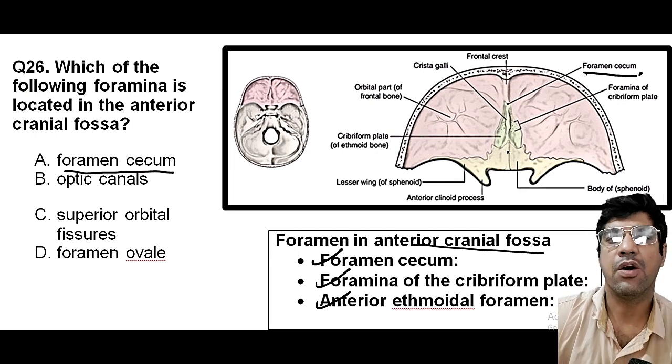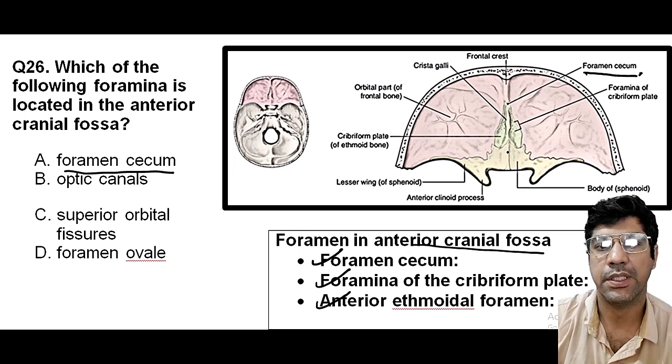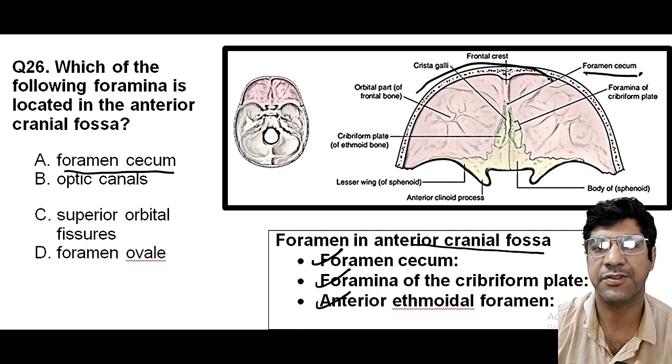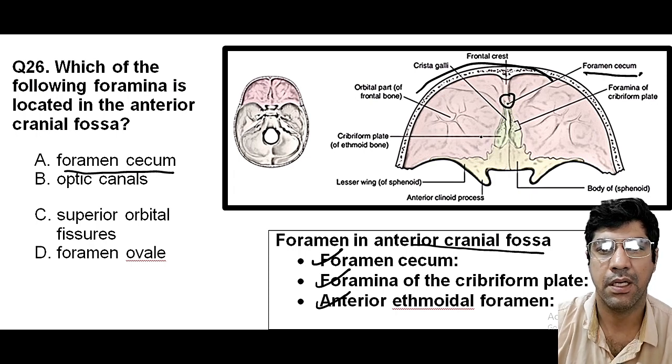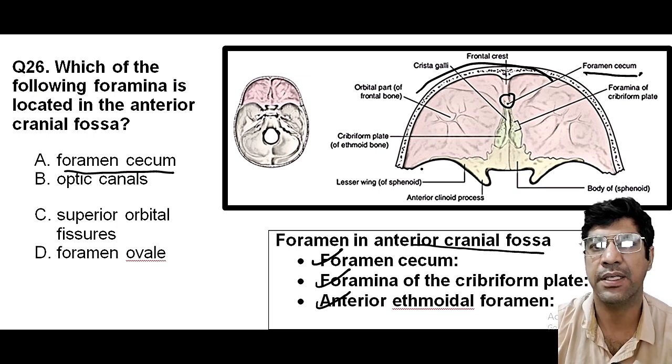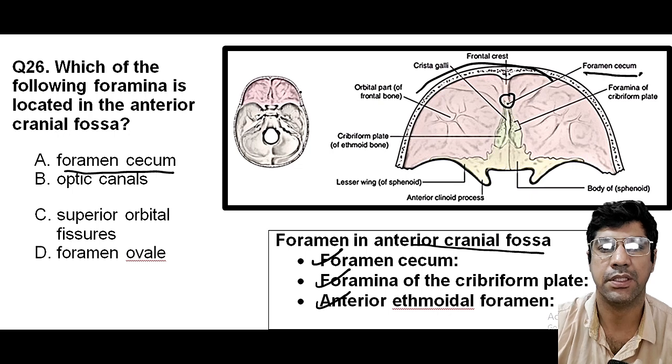So think of your brain as a house, and the anterior cranial fossa is the top floor, where your brain will sit. Now imagine there are small windows or openings in the floor of that top floor. These openings are the foramens.